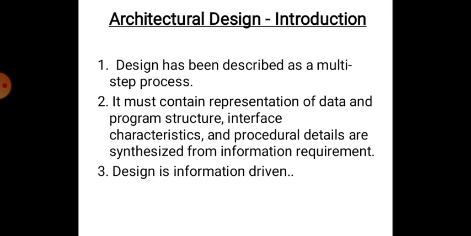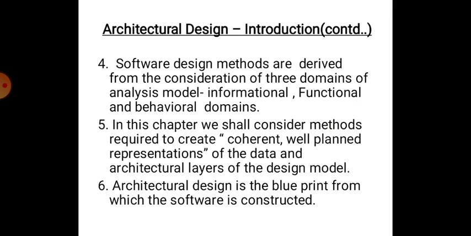And this design must contain how the data is represented, how the program is developed, what are the interface characteristics that need to be developed, and procedural details. So all these things we can get from the information requirements that were studied in the earlier chapter.